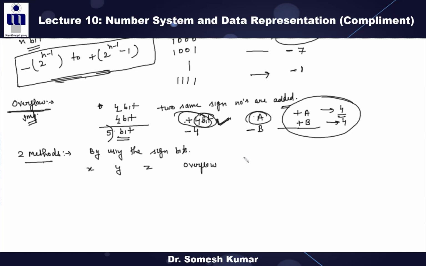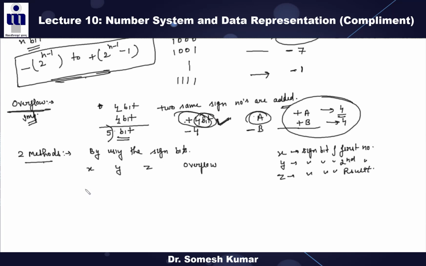Now see, X is the sign bit of the first number, Y is the sign bit of the second number, and Z is the sign bit of your result, right?